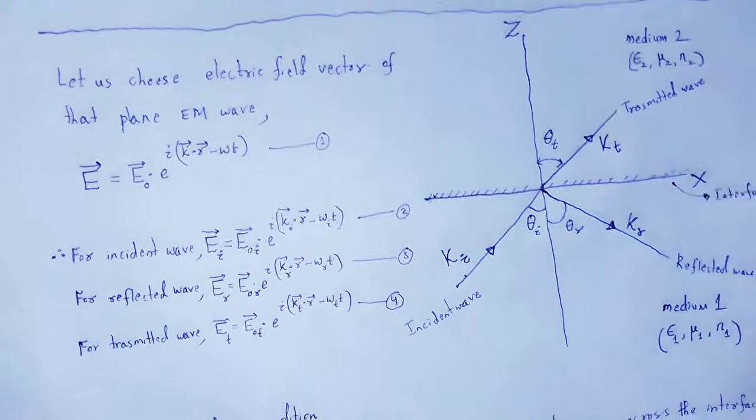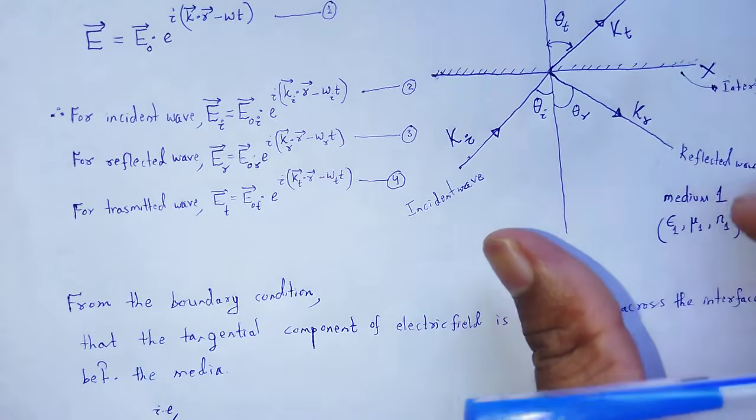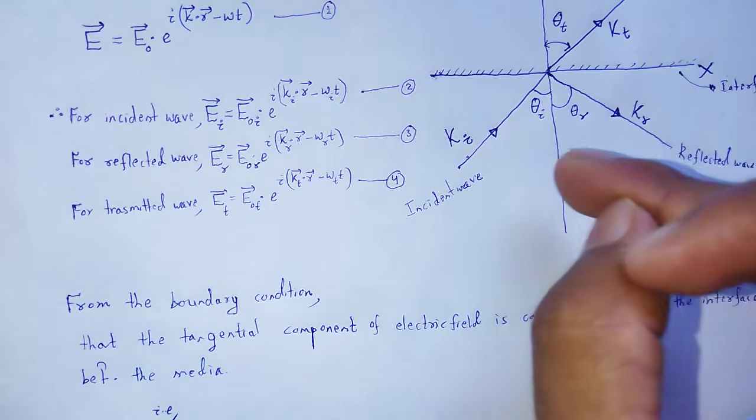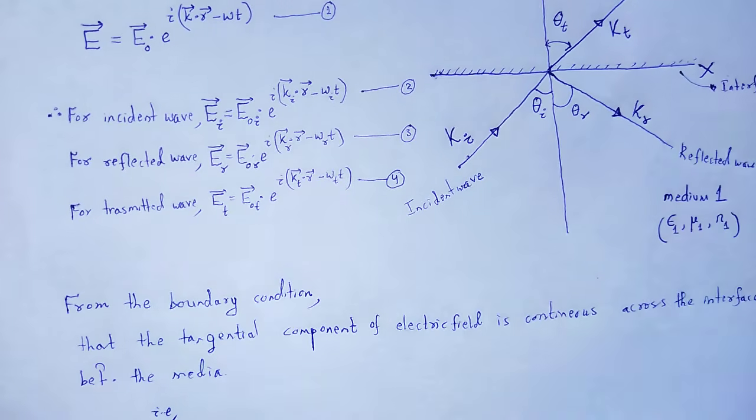in medium 2. Here the tangential component in medium 1 is due to the tangential component of the incident wave and the tangential component of the reflected wave.